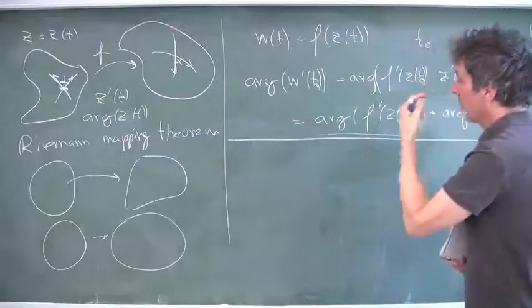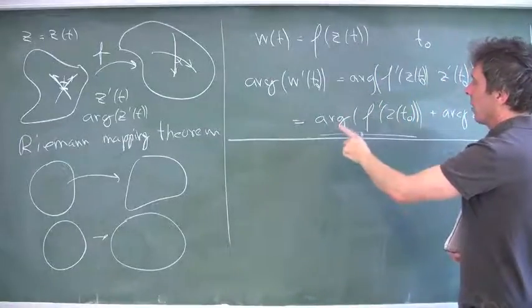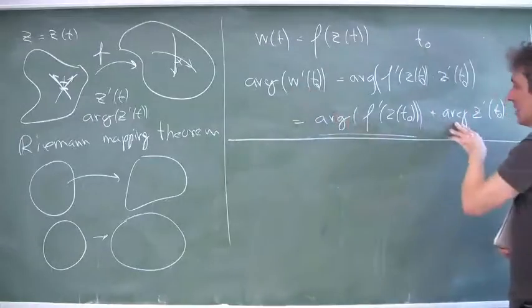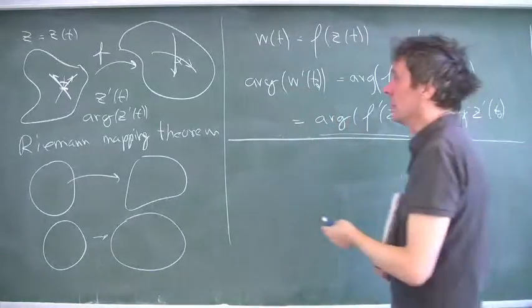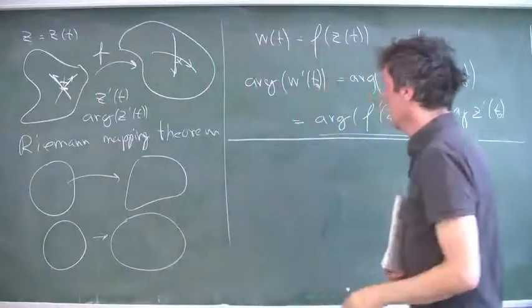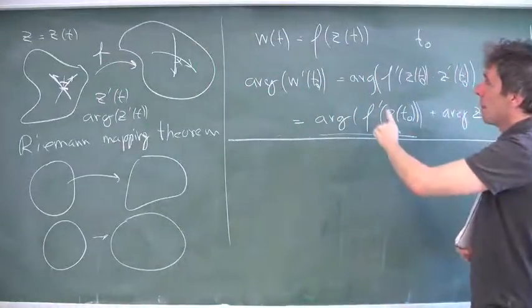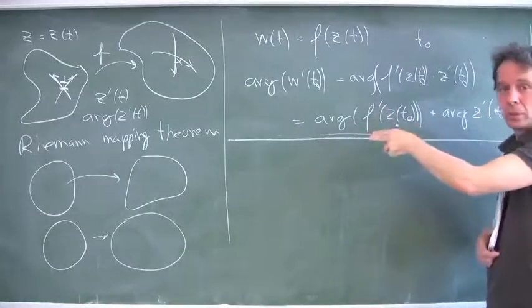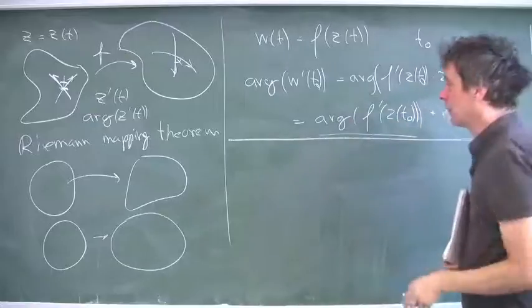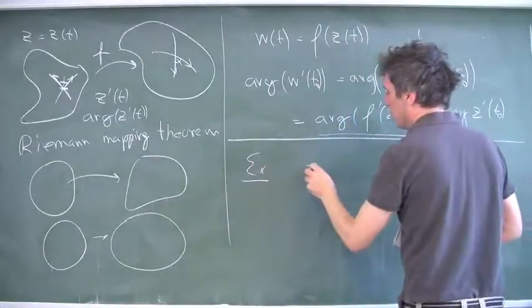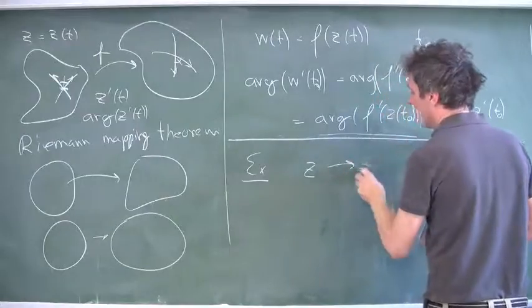It's an important fact that this formula is true as long as you have this situation where you have a bijective analytic function and so on. But if the derivative of f is equal to 0 at a point, then this is no longer true. So you can consider the example where you map z to z square.